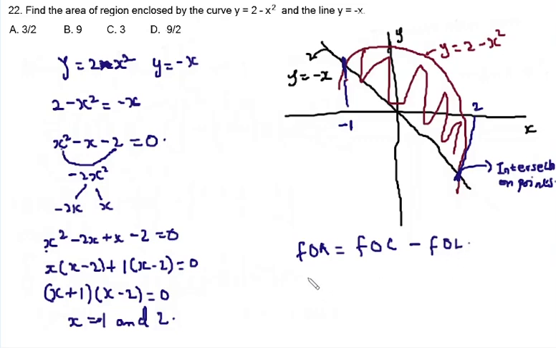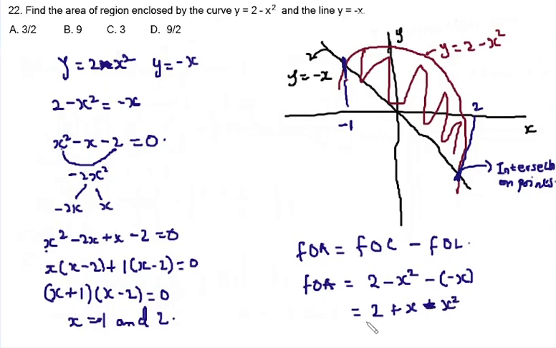So function of area is equal to 2 minus x squared minus open bracket minus x, which is 2 plus x minus x squared.